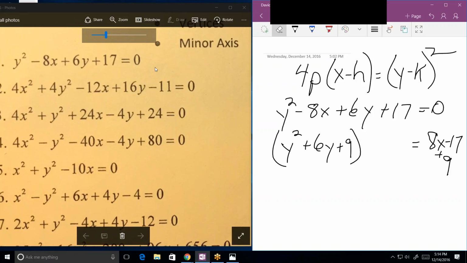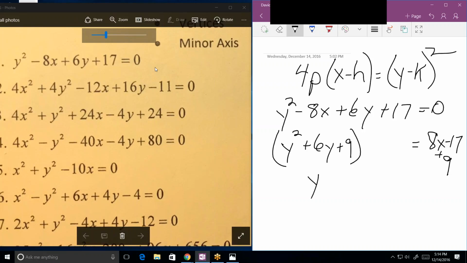So all I'm doing is rearranging it, such that I can get it into this format, only I've put the y term on the left and the x term on the right. That doesn't matter. You know what I mean? So now how can I write this left side of the equation? Well, you can do it y plus 3 squared.